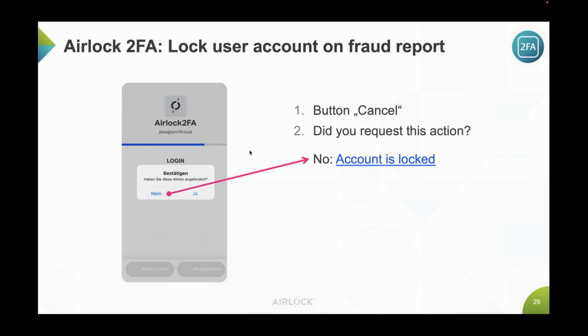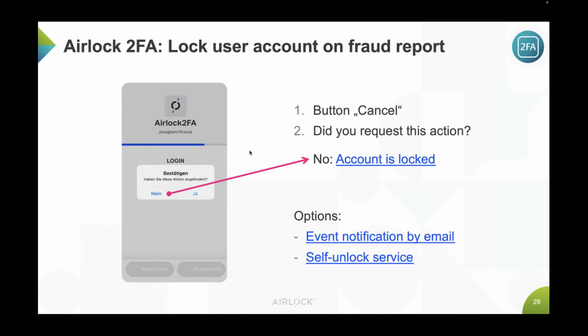In addition, there are optional features that you can use to improve user convenience. The first one that I would like to point out is event notification by email. So you can let the user know that his account was locked, and that the reason was because he said no in the Airlock 2FA app, and you can give him some explanation of what actually went on. You can also let him know, and that's the second option, that there is a self-unlock service if he wants to regain control of his account.